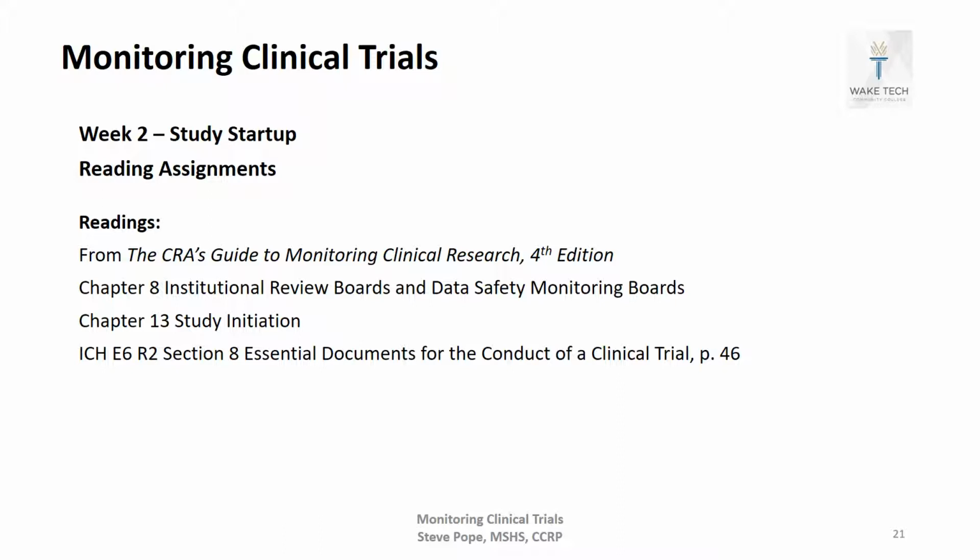And then finally, using ICH E6 R2, we want to review Section 8, which is a listing of all the essential documents that we're going to collect during and after our clinical trial. That begins on page 46 of that PDF that is loaded out there on Moodle. Probably a good idea to go ahead and download that to your PC so that you have it, because we're going to be using that document throughout our course.